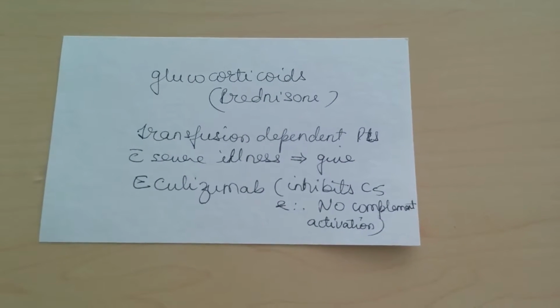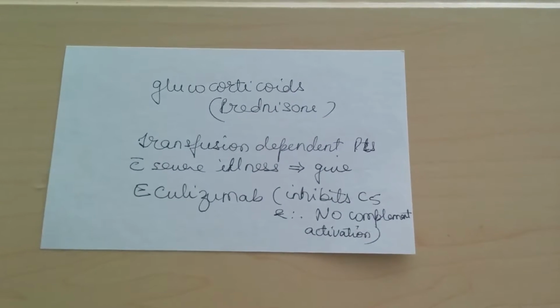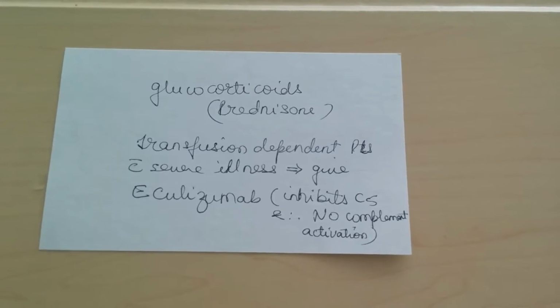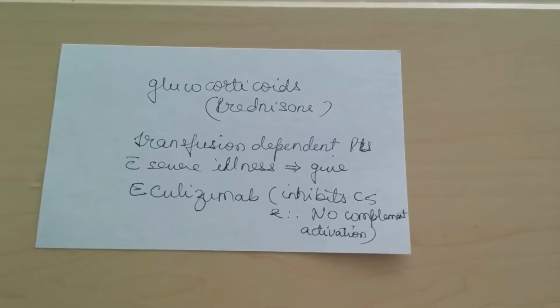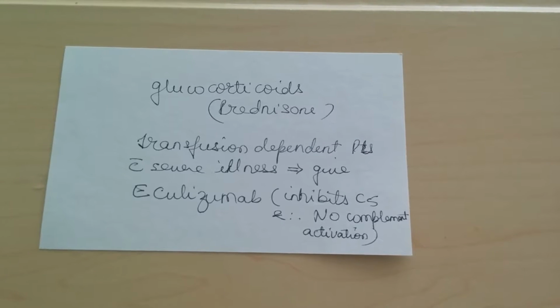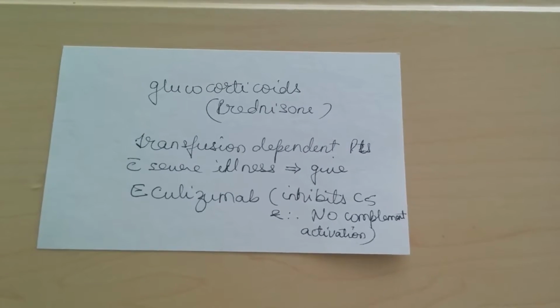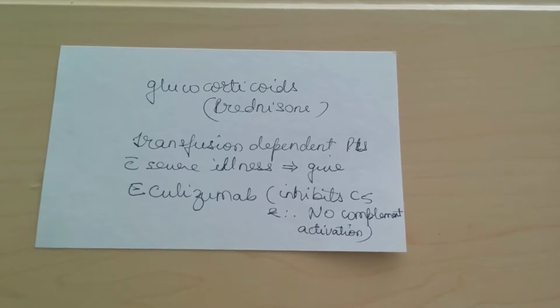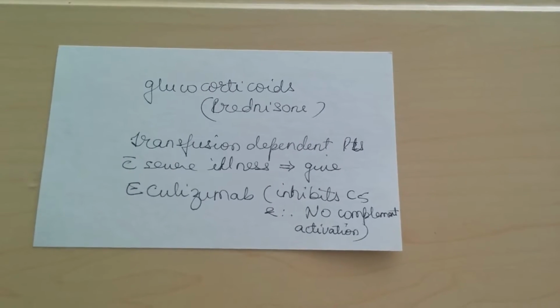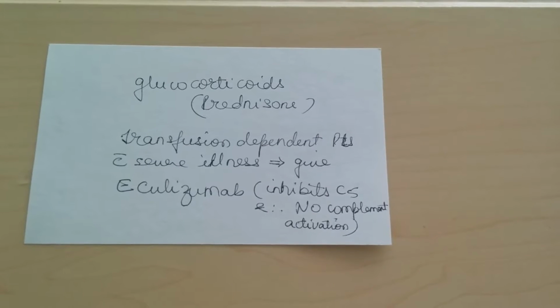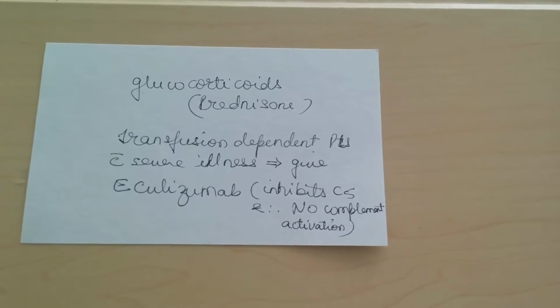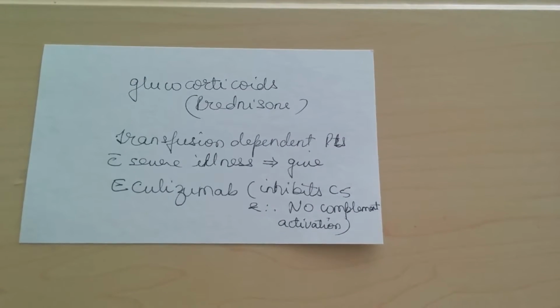But in a patient who has PNH, who is blood transfusion dependent, who has severe illness, you can give them eculizumab, which inhibits C5, and therefore, if you inhibit C5, there is no complement activation, and that's why eculizumab is used in PNH.